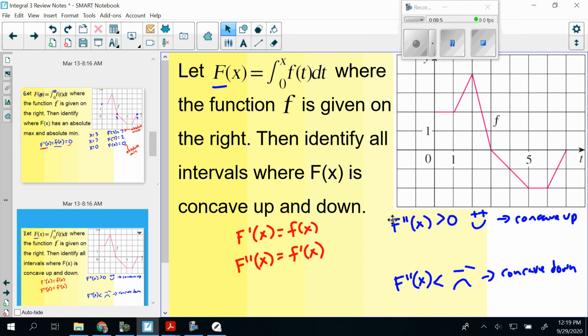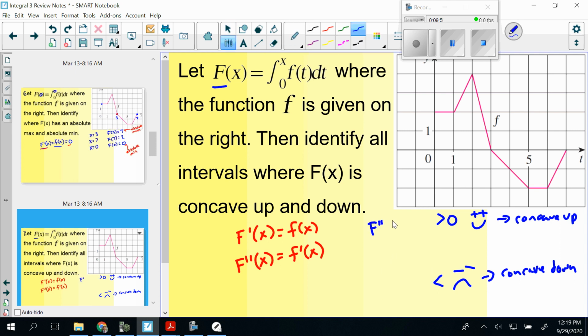So when we're looking for this, even though we don't know anything about capital F of x necessarily, we do know that it's the same as f prime of x, the first derivative. So we're going to use the first derivative, or what we know of the first derivative from this picture, this graph here, to figure this out.